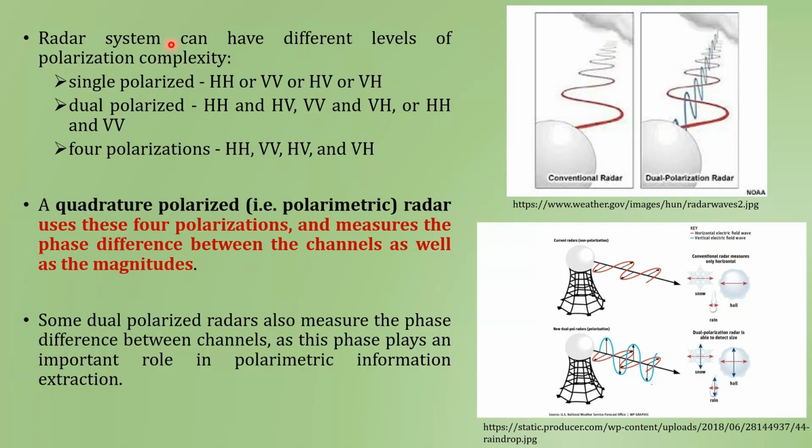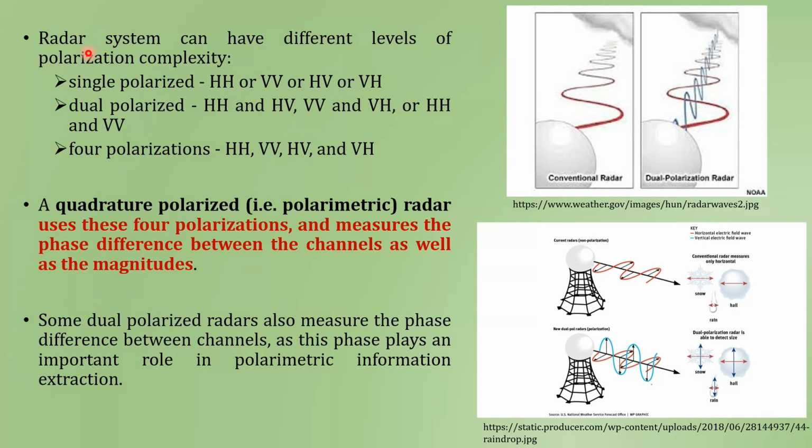Radar systems can have different levels of polarization complexity. It can be single polarized, meaning it can have either HH or VV or HV or VH, or it can be dual polarized, meaning it is sensitive to two combinations, HH and HV, or VV and VH, or HH and VV.